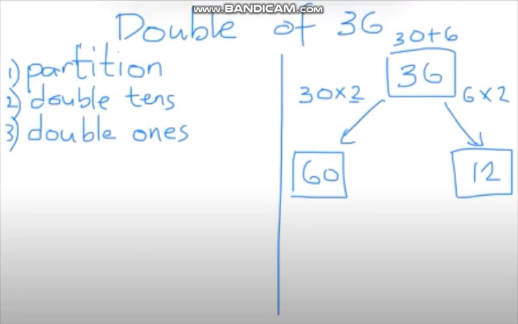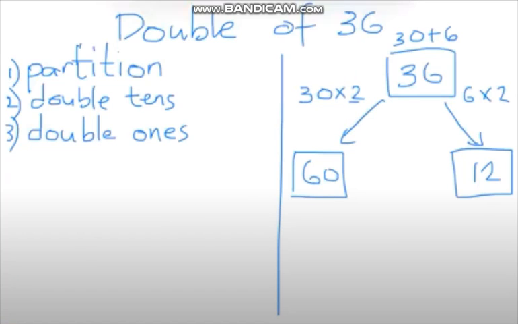Now again, the product of a number is the answer. In multiplication, the answer when we multiply numbers is called the product. Now since we double, we are also multiplying by 2.